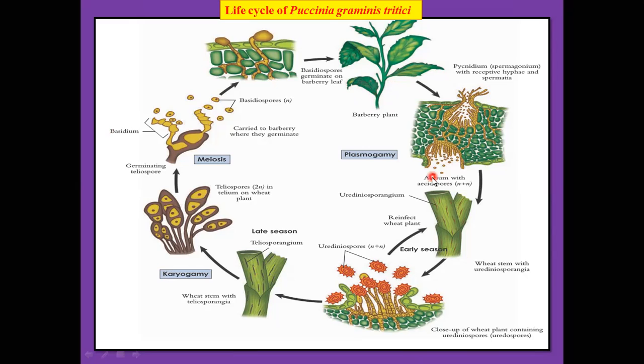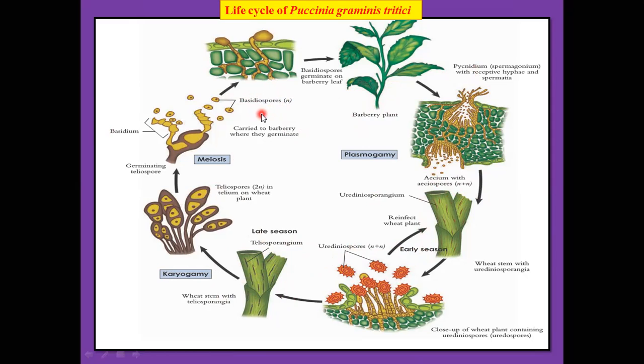Okay, in this way the life cycle of Puccinia graminis tritici completes on the barberry plant and on the wheat crop. Pycniospores and aeciospores develop on the barberry plant, and uredospores, teliospores and basidiospores develop on the main wheat crop.